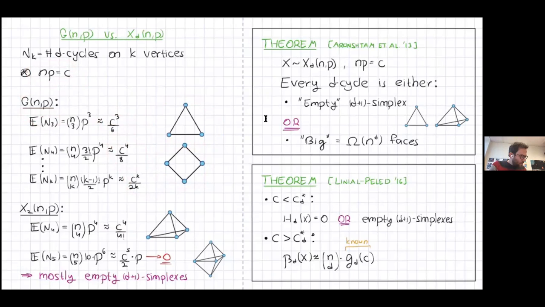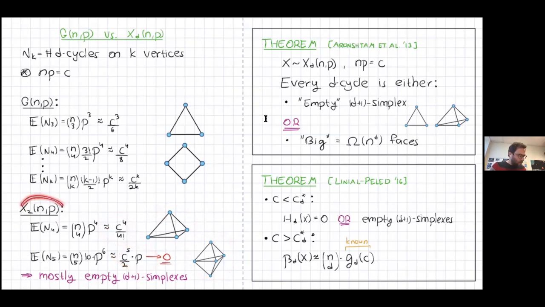On the other hand, when you look at the 2-dimensional complex, and you look for 2-dimensional cycles, this is a 2-dimensional cycle, the boundary of the tetrahedron. And this is on 4 vertices. And indeed, this has a constant expected value. You can also have a 2-dimensional cycle on 5 vertices. So this is taking all the 2-faces that form this kind of bubble, but then you can show that the expected value goes to 0.